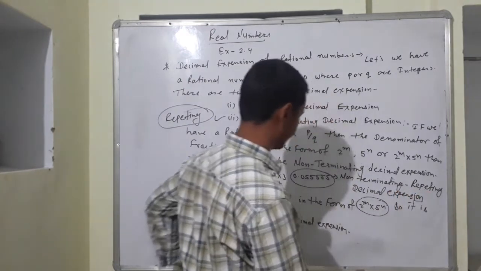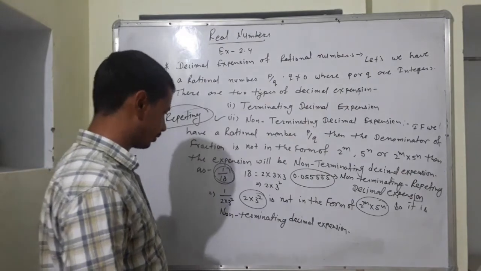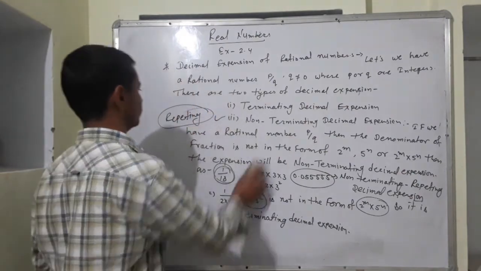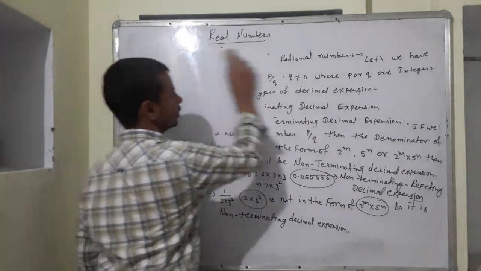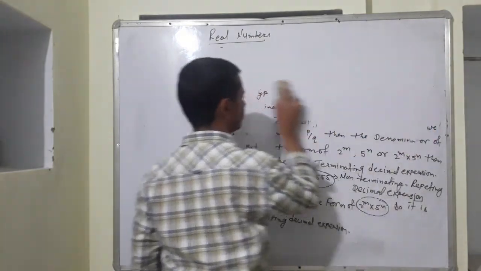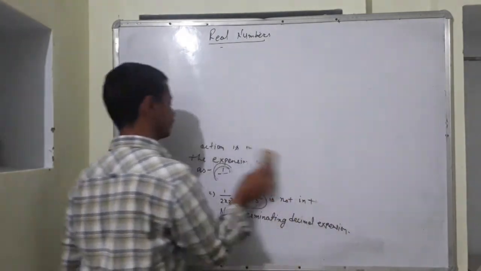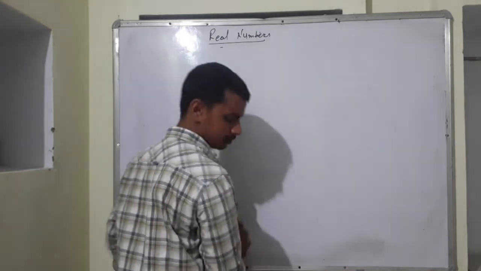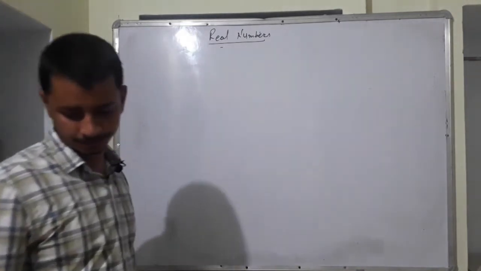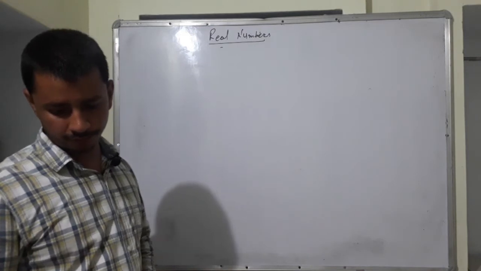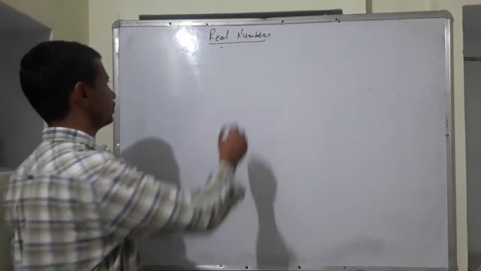Okay, and the first part in first question is 15 upon 1600.